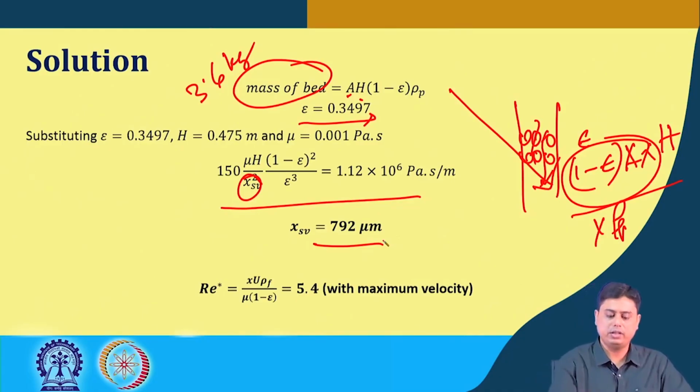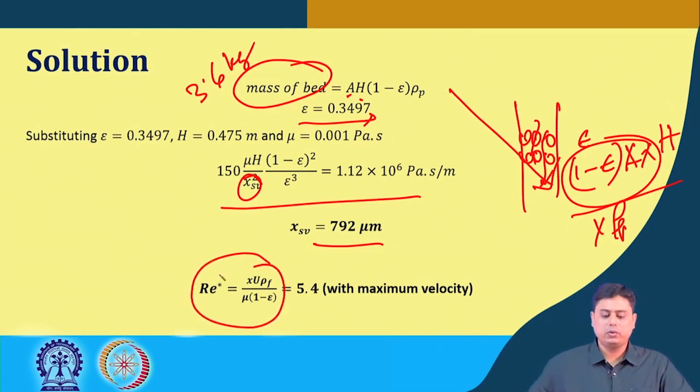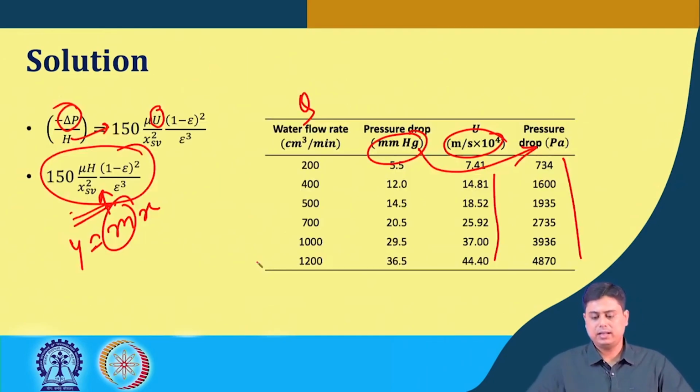The relevant Reynolds number definition for the Ergun equation is this one, where x is the equivalent diameter, U is the superficial velocity, rho is the density of the fluid, mu is the viscosity of the fluid, and 1 minus epsilon is 1 minus voidage. If we replace all these values, we get the Reynolds number as 5.4. Now, this U here is a range that is given.